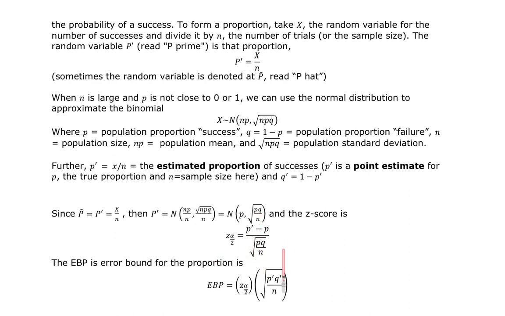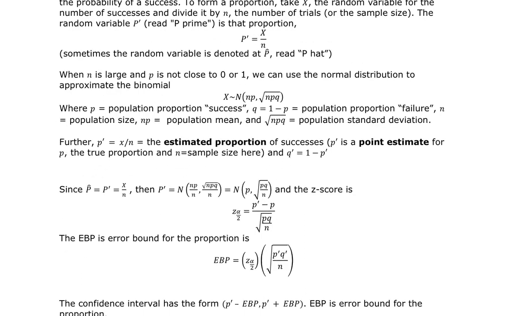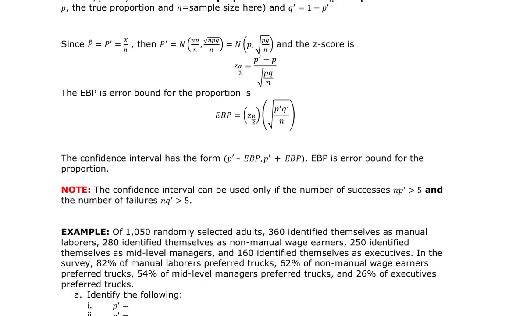So our z-score is a little bit easier: we have p hat minus p, over the square root of p times q divided by n, and we have the EBP, which is the error bound for proportion. The confidence interval is p prime plus and minus our EBP. A couple things: the confidence interval can only be used if the number of successes and the number of failures are large enough, so np prime is greater than 5 and nq prime is greater than 5.